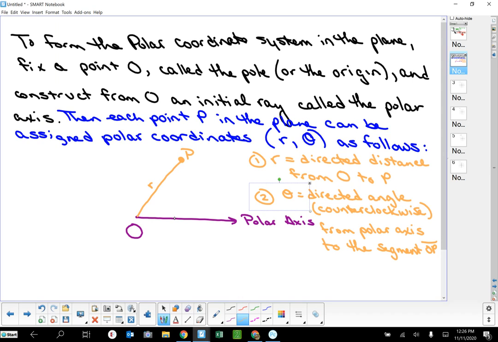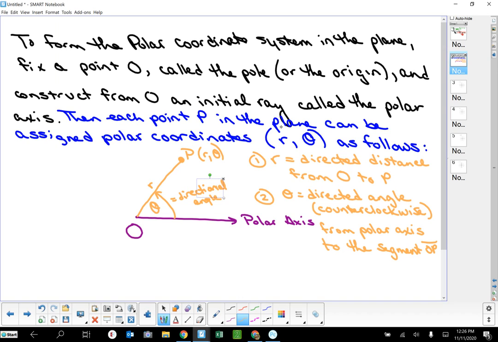So counterclockwise, you have that angle in there, and that is your theta, your directional angle. And this point P up here is represented with this point R, theta. So that's what's actually happening.